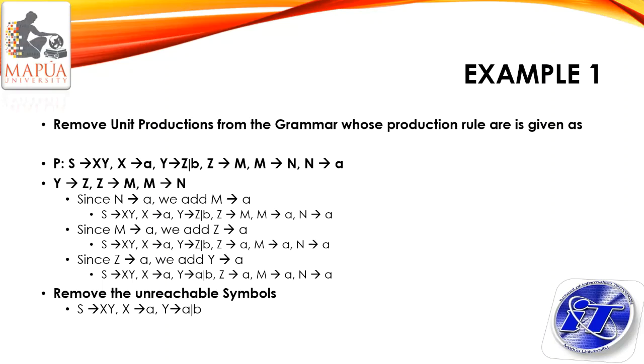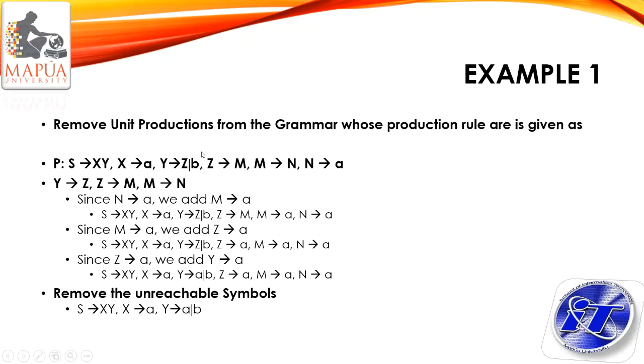We're not going to include the start symbol here, just the other non-terminal symbols. So Y maps to Z. We're not going to include b since we are talking about a non-terminal that yields a non-terminal. So it's just Y maps to Z. Second is Z maps to M, and then M maps to N.